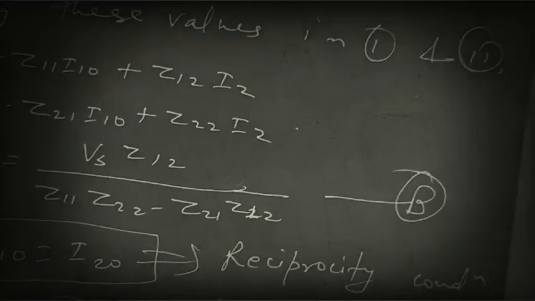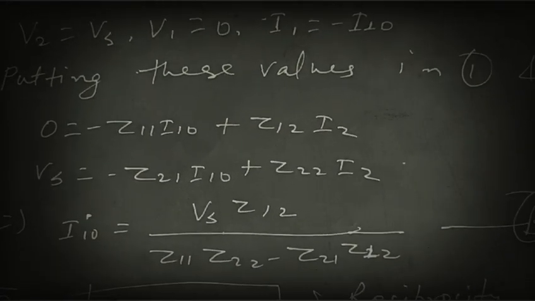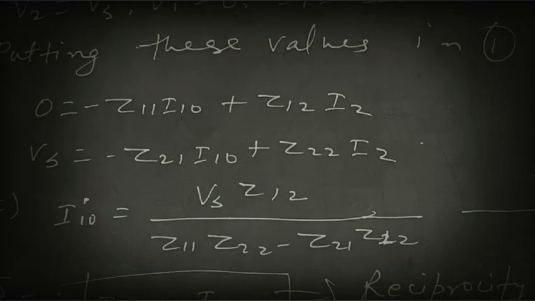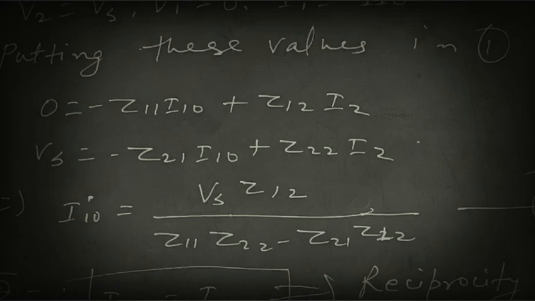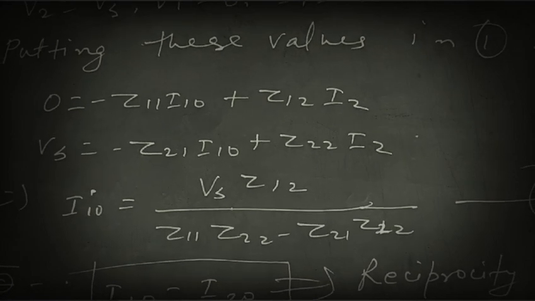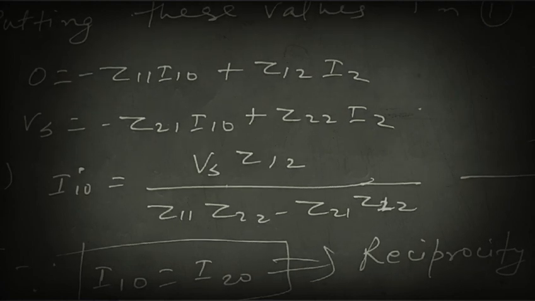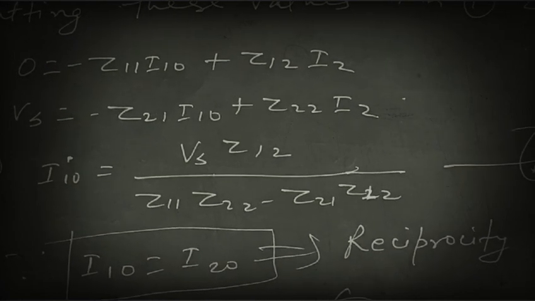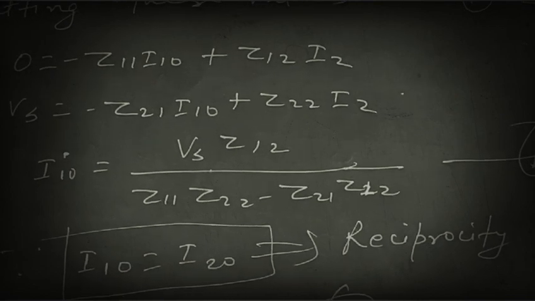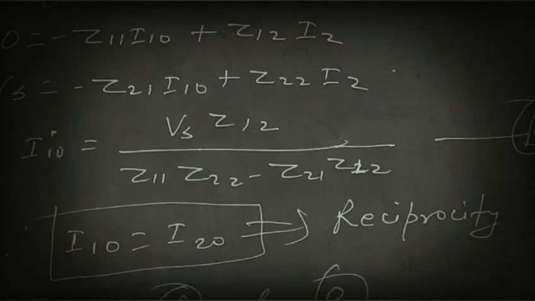We get the equations 0 equal to minus Z11 into I10 plus Z12 into I2. Similarly, we get Vs equal to minus Z21 into I10 plus Z22 into I2. So from here we get I10 equal to Vs into Z12 divided by Z11 into Z22 minus Z21 into Z22.